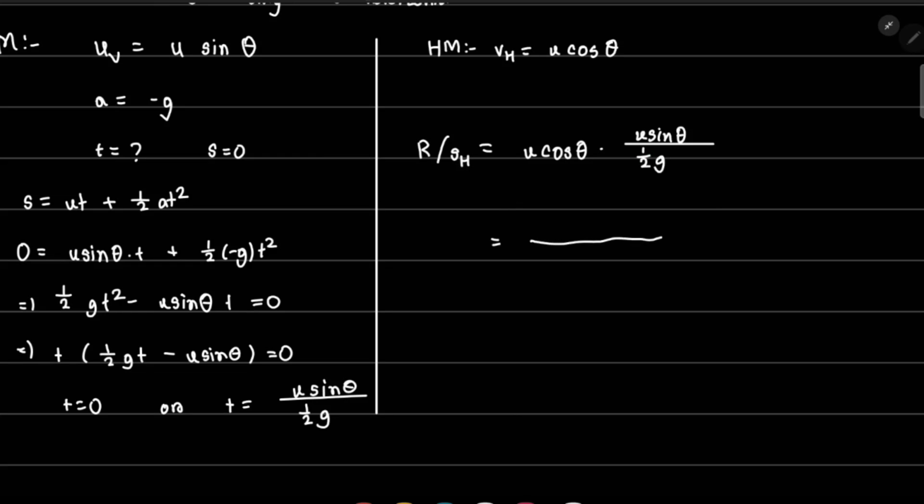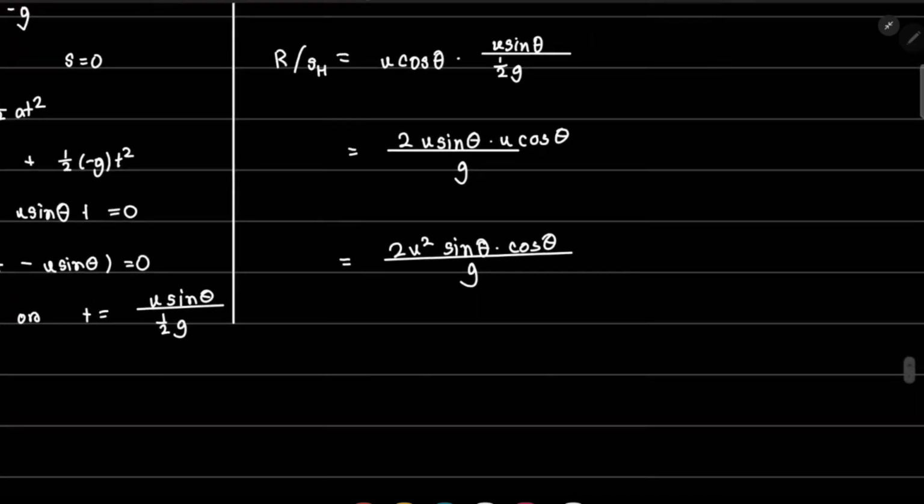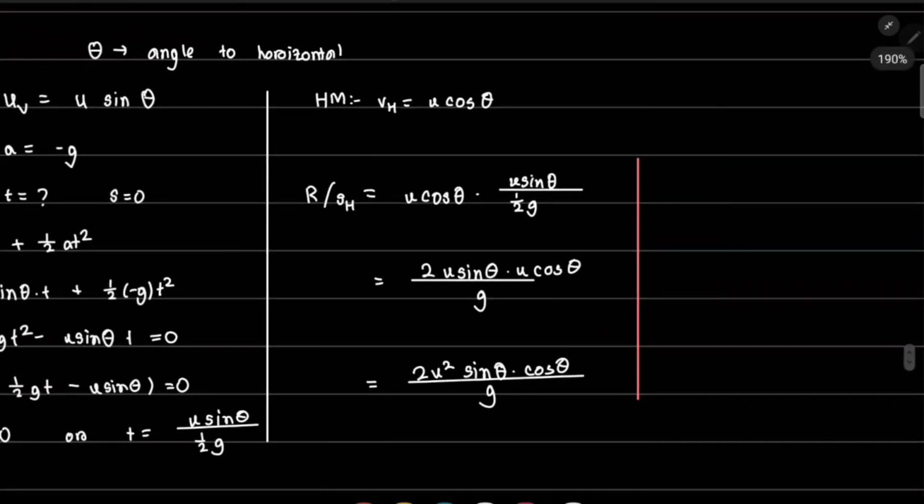So this is just 2u sin theta u cos theta divided by g, which would be 2u squared sin theta cos theta divided by g. However, we can simplify this further using a math trick.